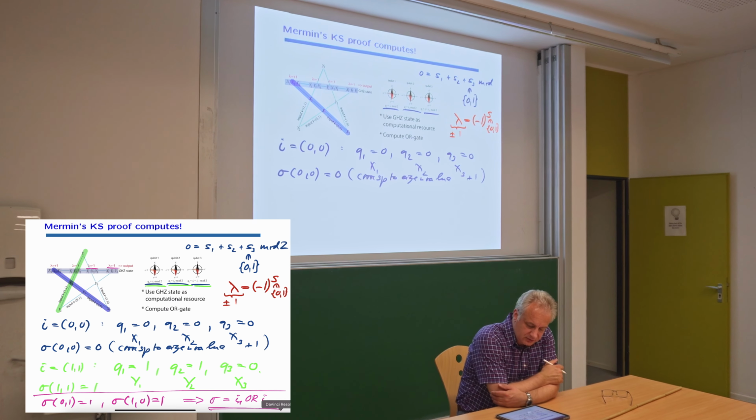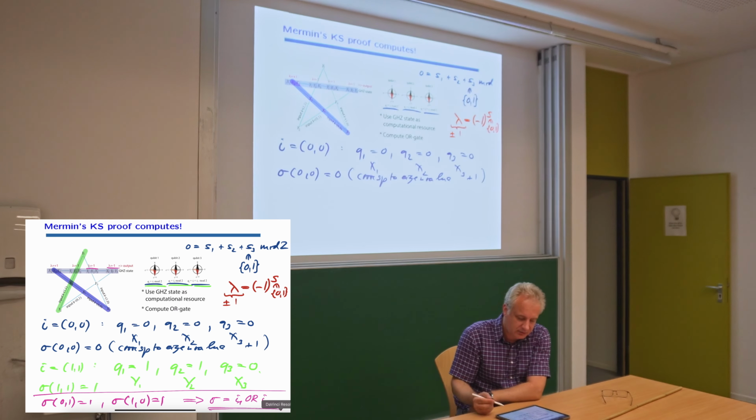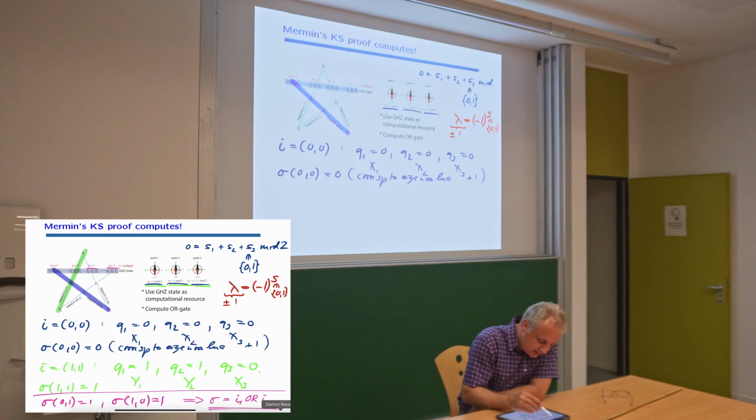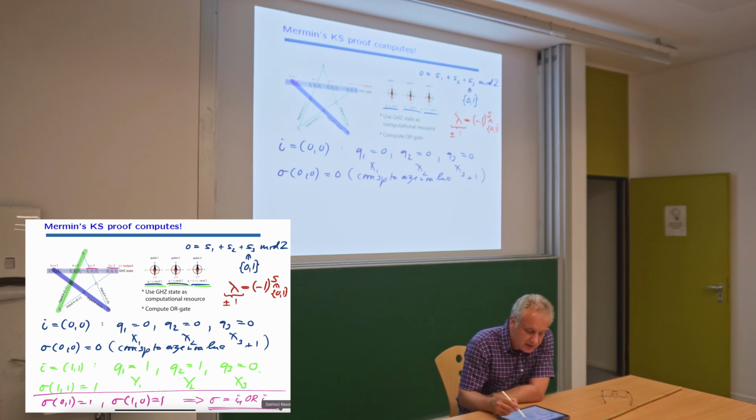Maybe that was confusing. The lambdas multiply, and the corresponding values s add up modulo 2. That's the correspondence. So when I'm writing this sum modulo 2 up here, this corresponds to multiplying the corresponding eigenvalues.